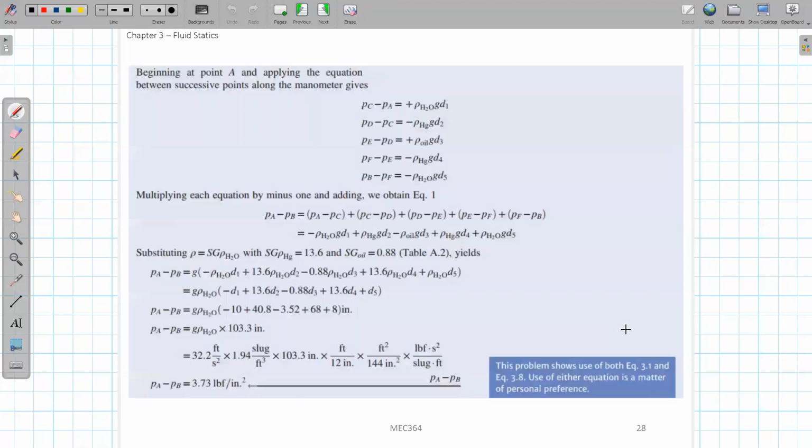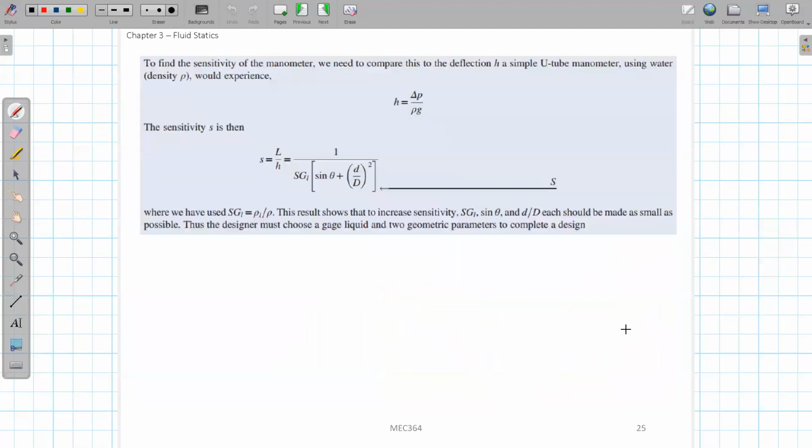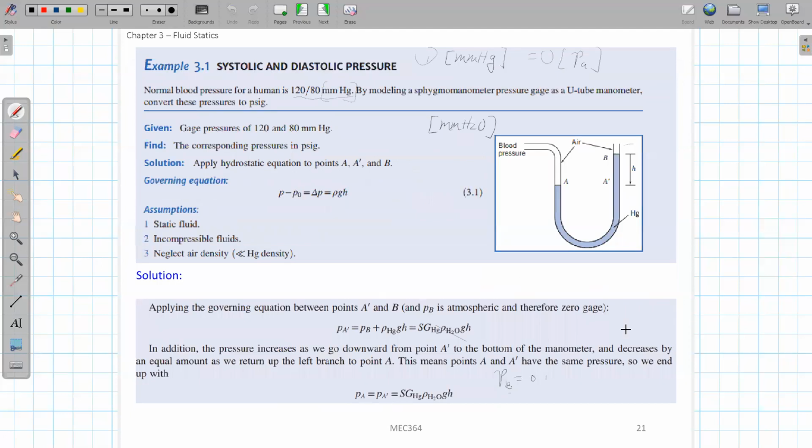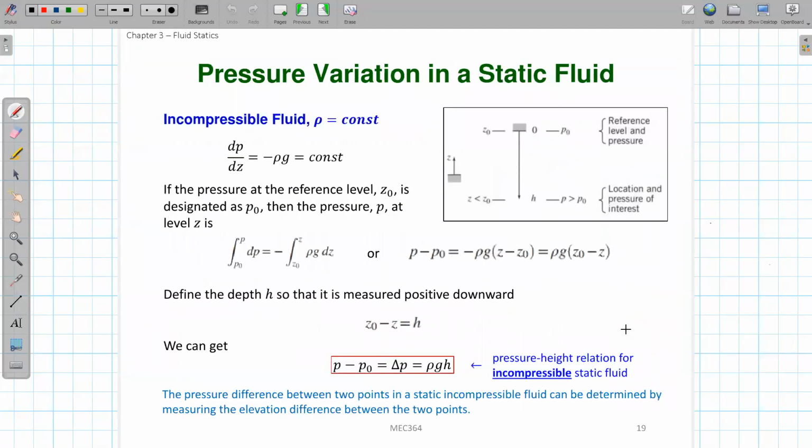So we're talking about this manometer, right? The fundamental equation we use to determine the pressure for the manometer is this equation. Remember, this equation is only for incompressible fluid, which means that this rho is a constant.